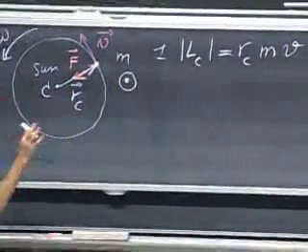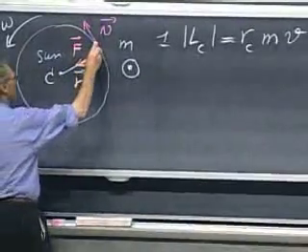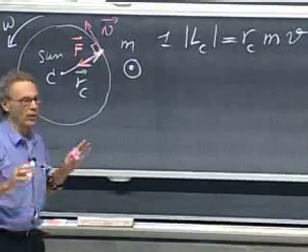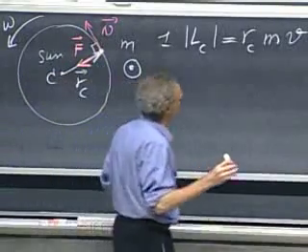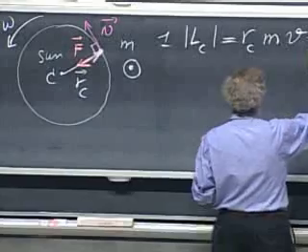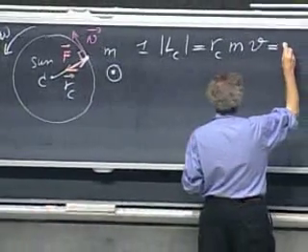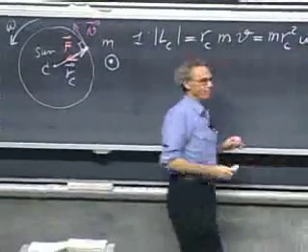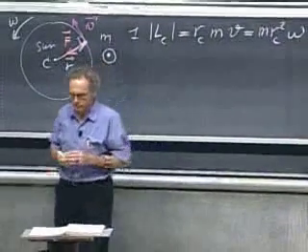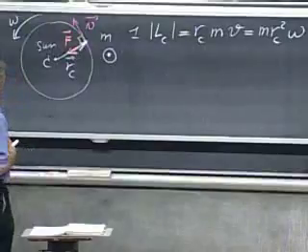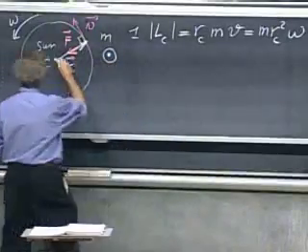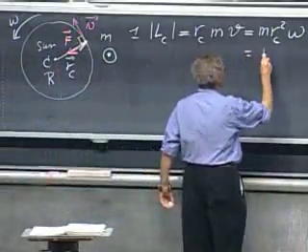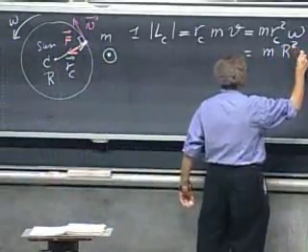And the reason why I don't worry about the cross product now is because this angle is 90 degrees, so the sine of theta equals 1. Now, we may not like to leave v in there. It's up to you. You can always write v equals omega r, so you can also write then m r_c squared times omega. Either one is fine. And if r is the radius of the circle, then this obviously becomes m r squared omega.